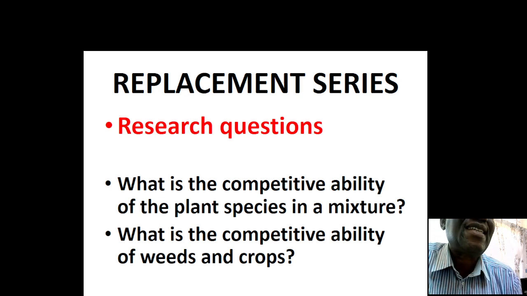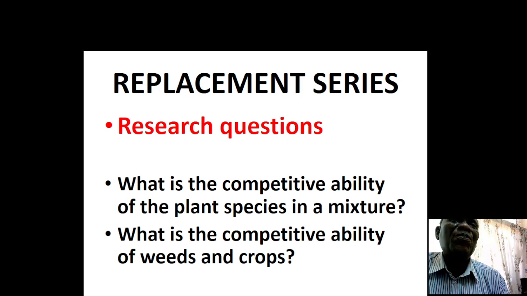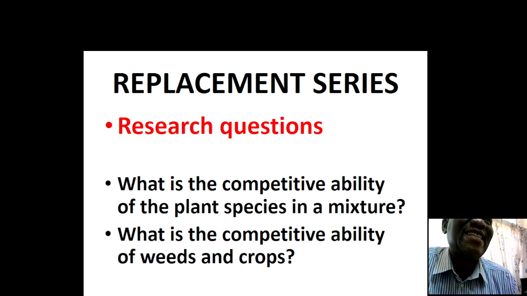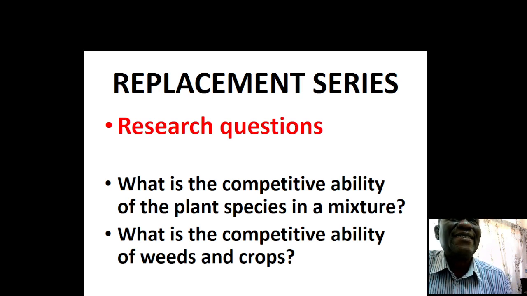So the next part of measurements can involve what is known as the replacement series. The objective, or the research question, is: what is the competitive ability of plant species in a mixture?